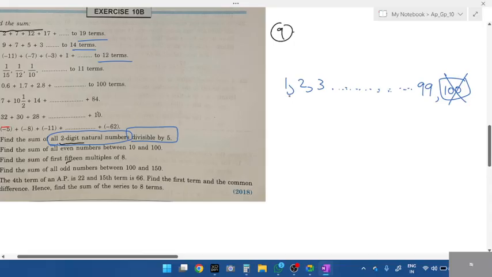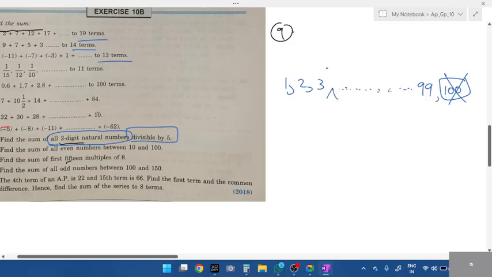Is 1 divisible by 5? What do you mean by divisible? When you divide a number, the remainder should be 0, right? Now tell me all the numbers which are divisible by 5, students.